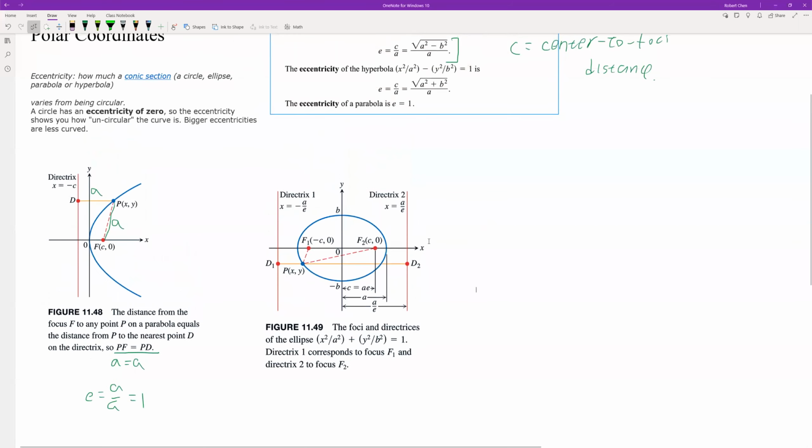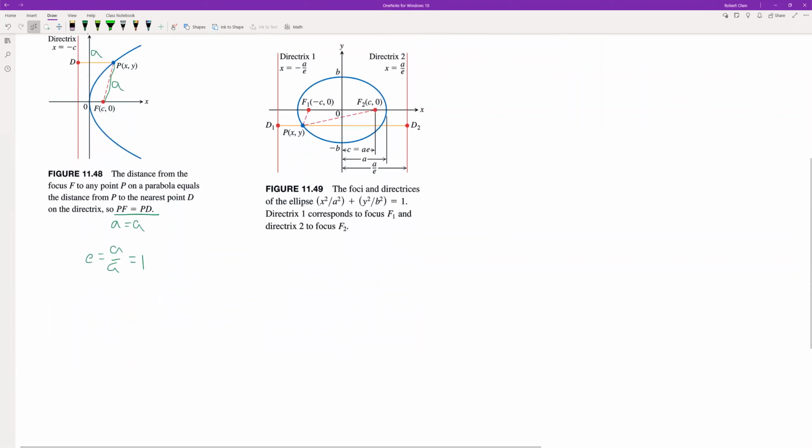Next, we have the ellipses. We have two foci. We pick a point on the ellipse and take the distance between that point and the two foci. If you add these two red dash lines up, it will be the same for any point on the ellipse. We can also look at the directrices of the ellipse. Even though it's not that common to talk about the directrix for an ellipse, in this case we can use that to calculate what our eccentricity for the ellipse is going to be.